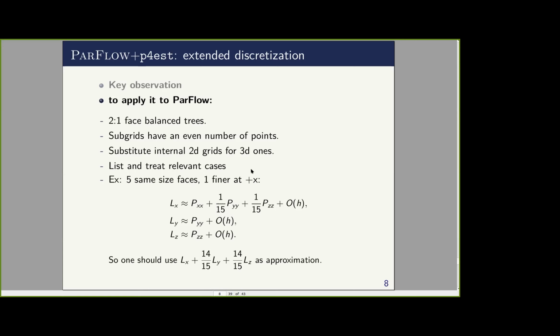If you combine information of these 4 neighbors to compute the point that you will need for the finite difference and do the corresponding Taylor analysis, you will discover that the standard finite difference approximation will approximate an operator which has this form. And you see these factors here appearing again. Since in the other faces you have the same size neighbors, the finite difference approximation yields what you expect.